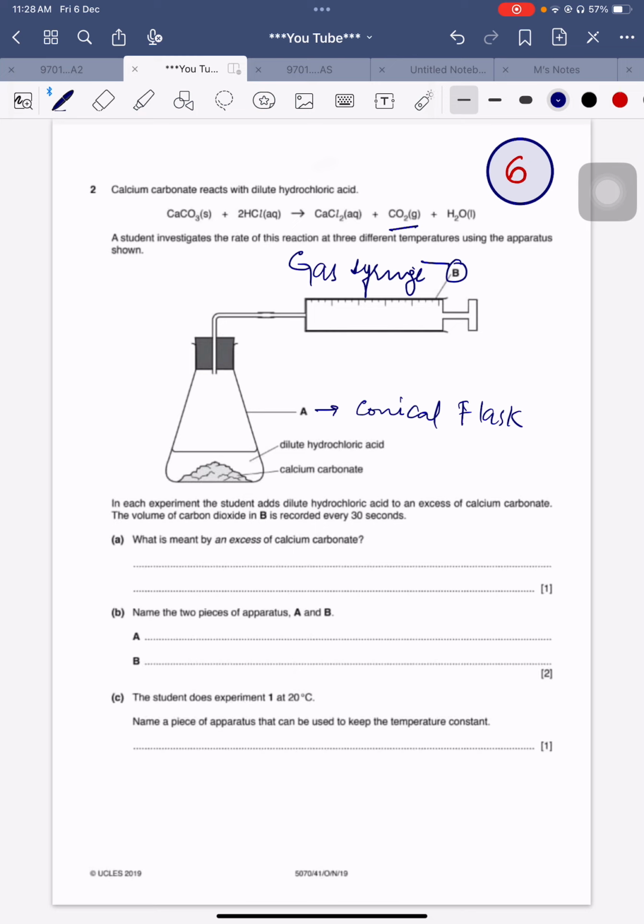In each experiment, the student adds dilute hydrochloric acid to an excess of calcium carbonate. The volume of the carbon dioxide in B is recorded after every 30 seconds. So what is meant by the excess of calcium carbonate?